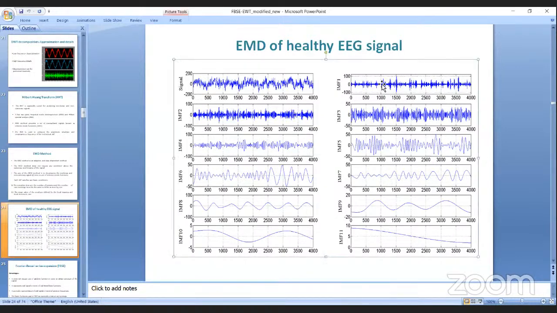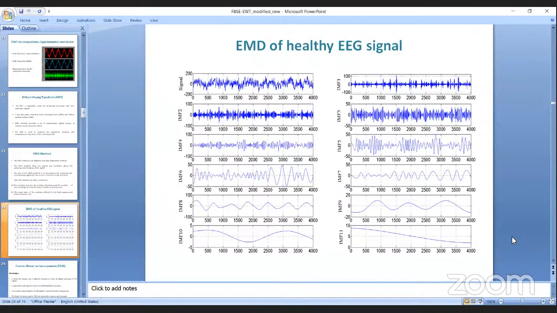So IMF 1 is known as the highest frequency detail, and IMF 11 the lowest frequency approximation. In the literature, it has been shown that this EMD method also gives you dyadic filtering or filtered versions like wavelets, where you decompose the signal into different approximations and details.